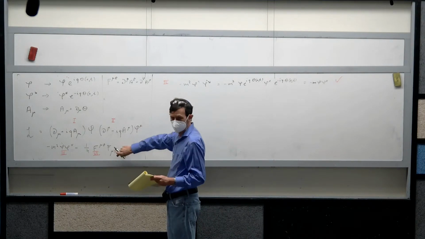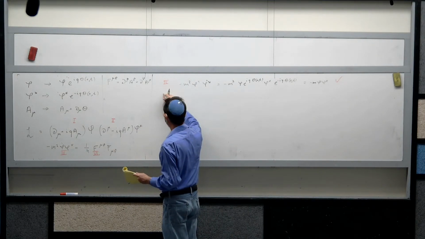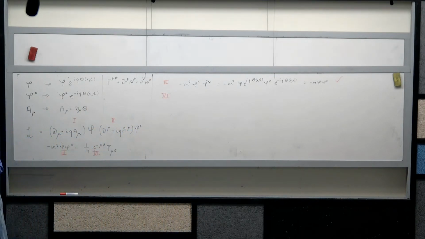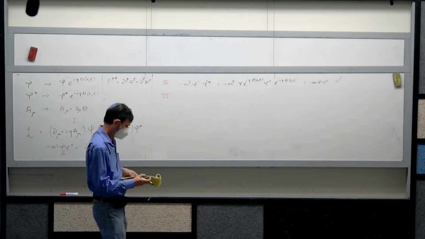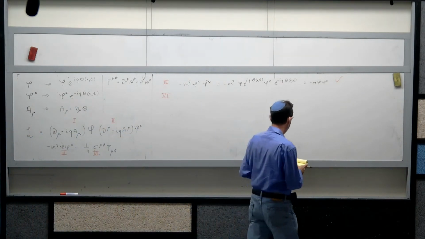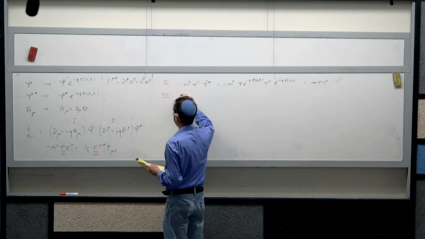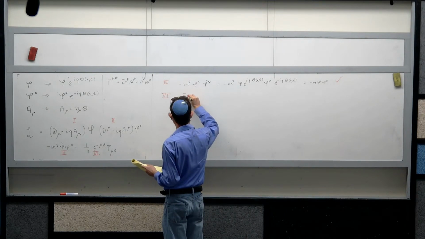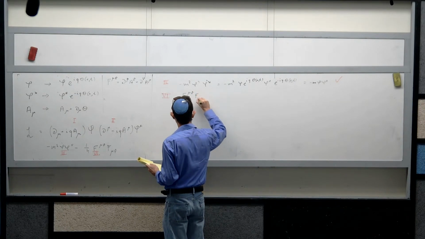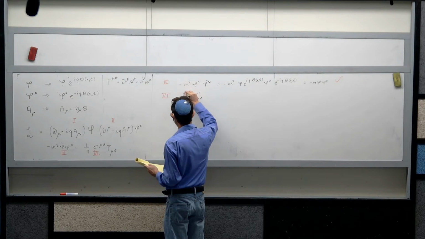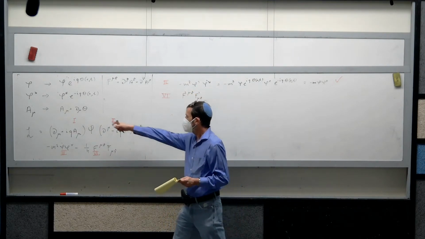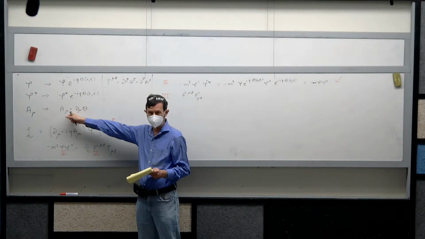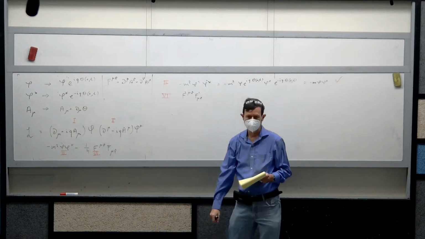Let's move to this term. So I'm transforming it, and prime means I'm putting in this definition of transformation into the definition of the tensor.